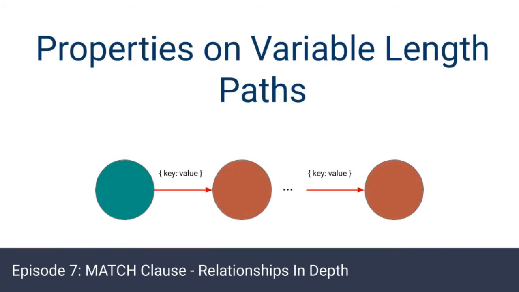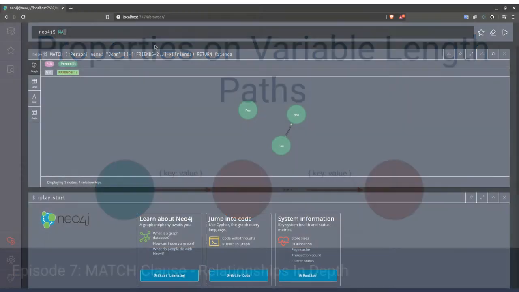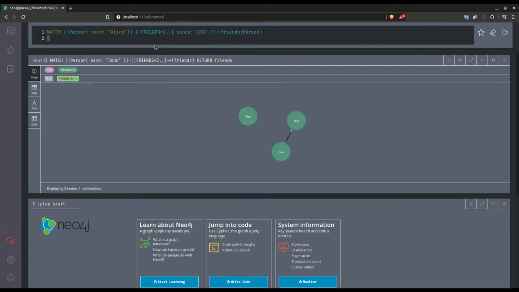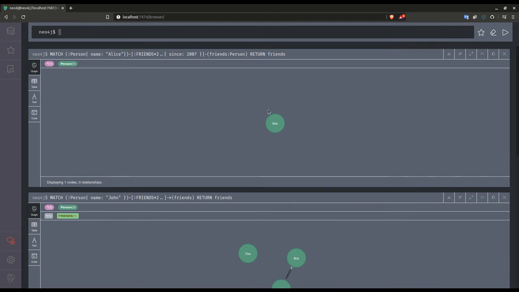The next one is matching relationships with properties on a variable length. This is the same as how you would match a node with properties, but instead of the node, you match by relationships like this. We can see that it only returned Bob since it's the only node that is 2 hops away from Alice, with a relationship friend and a property since equals 2007.